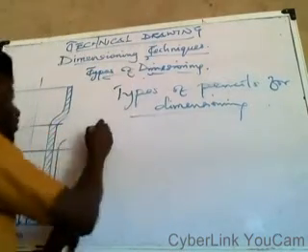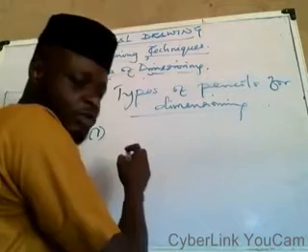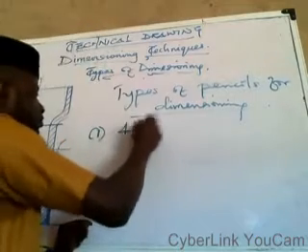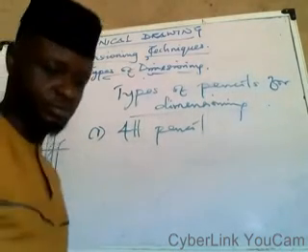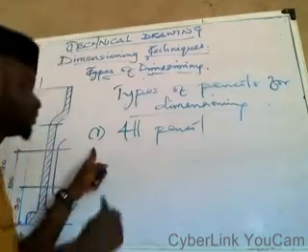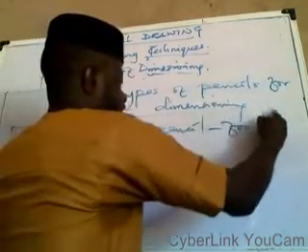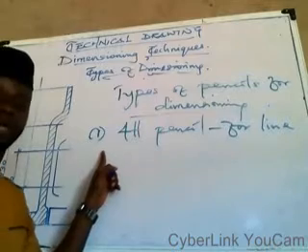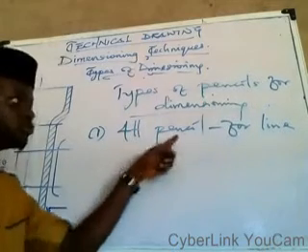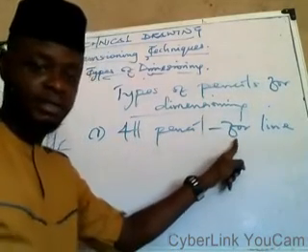So number one, you can draw with a 4H pencil. When you are dimensioning, you can use a 4H pencil to draw the dimension line.